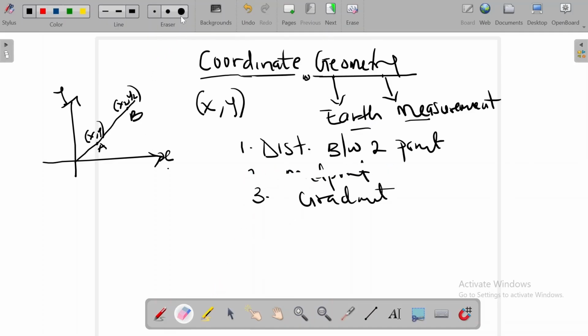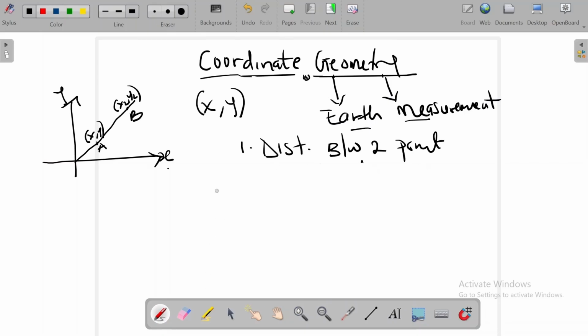Distance between 2 points is self-explanatory, meaning you have a coordinate I call A, you have another coordinate I call B. I'm trying to locate the distance between point A and point B, then I simply term it as distance between 2 points.